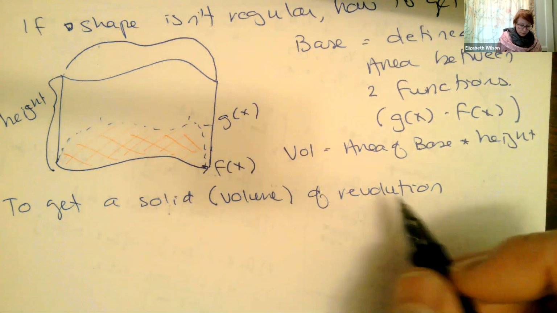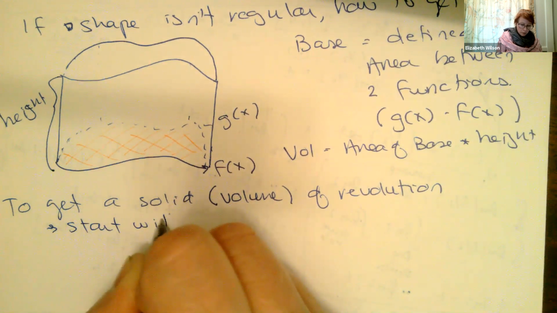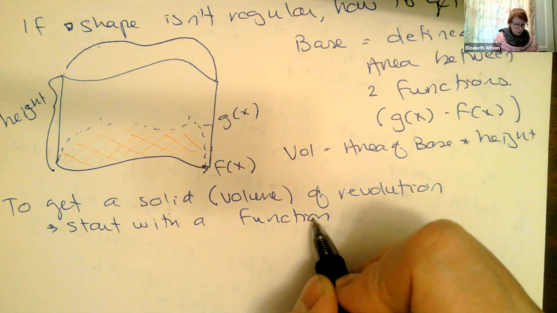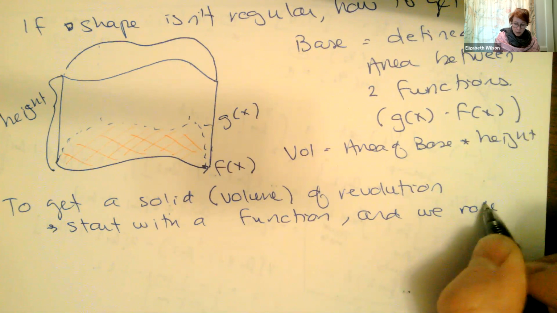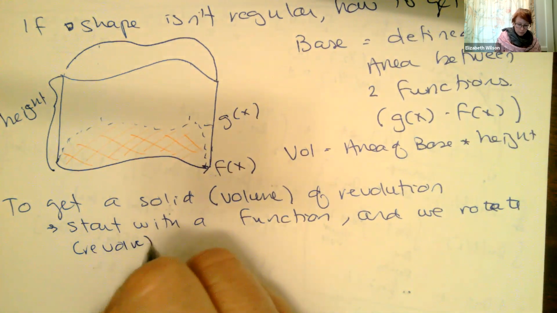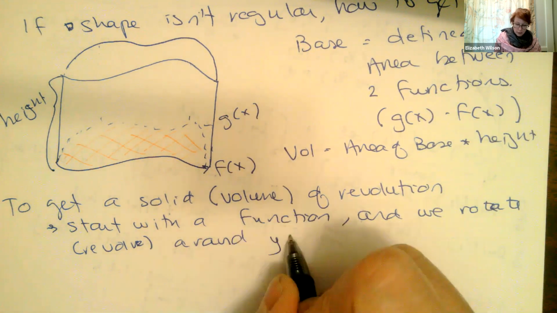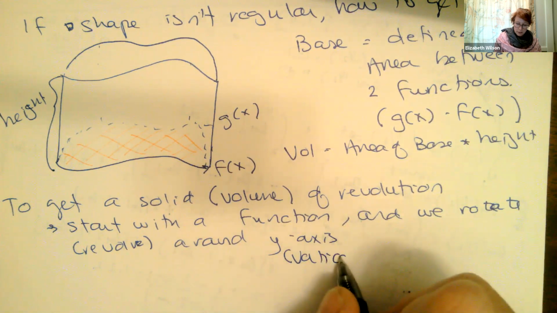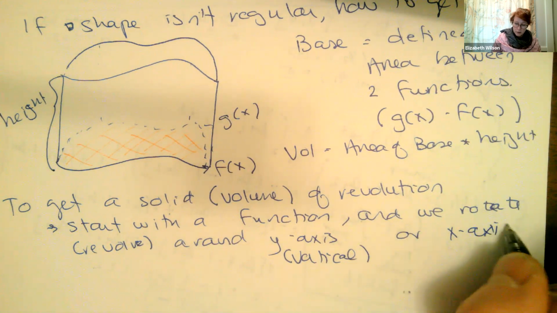So we start with a function, whatever it is, f of x, g of x, something, and we rotate or revolve around, oops, the y-axis. This will be our vertical axis, or say an x-axis, or some other horizontal axis.